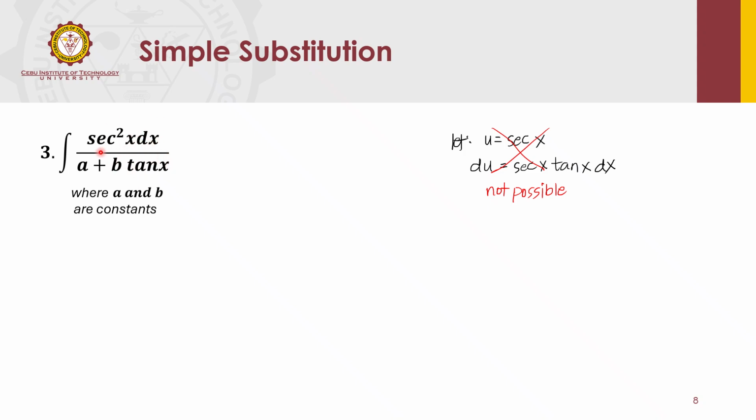So you set this entire denominator as your u and see if du is present or if some factor is missing. By the way, neutralizing factors are numbers or constants only. You cannot have a neutralizing factor that contains a variable, because you cannot bring x or y outside your integral sign.